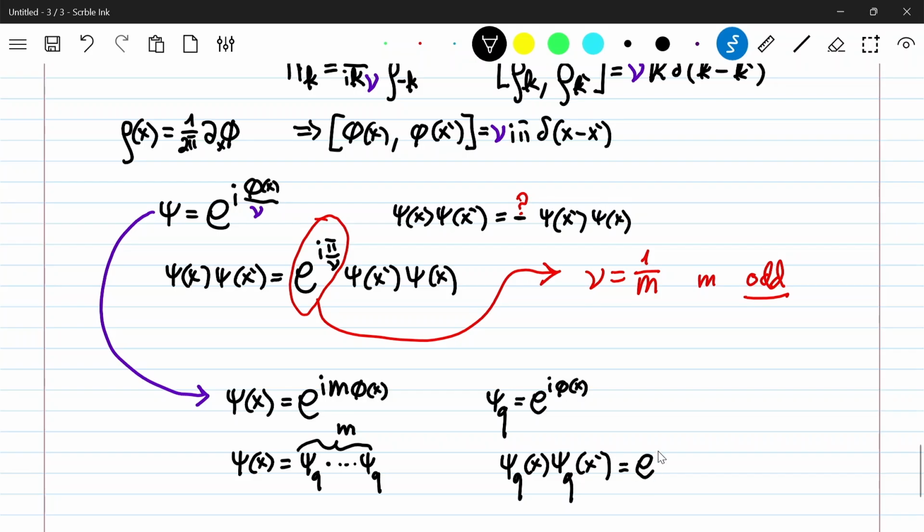What you get is e to the i pi nu, times psi q of x prime psi q of x, okay?